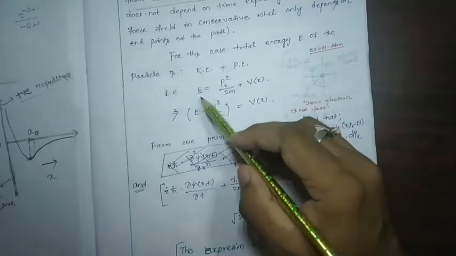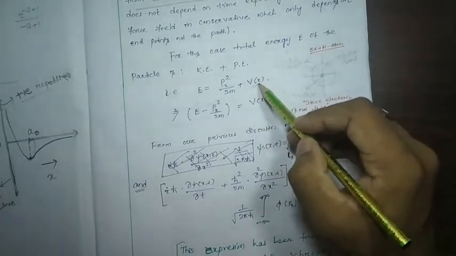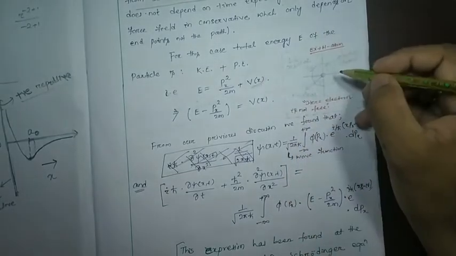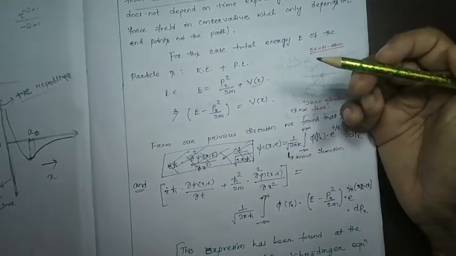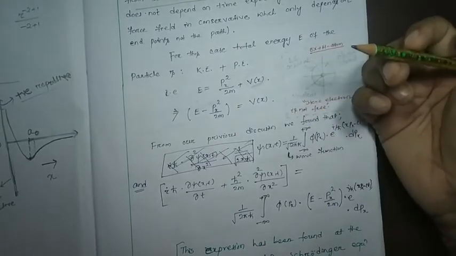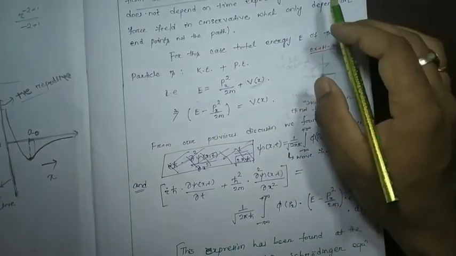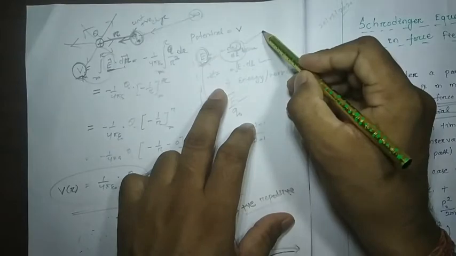So E equals px square by 2m plus V(x), which represents the potential at a particular point. From this potential we can also find the corresponding force on the particle at that point, by considering this formula.